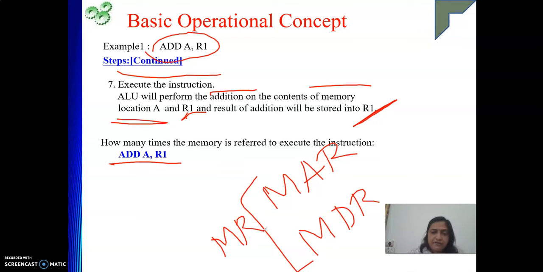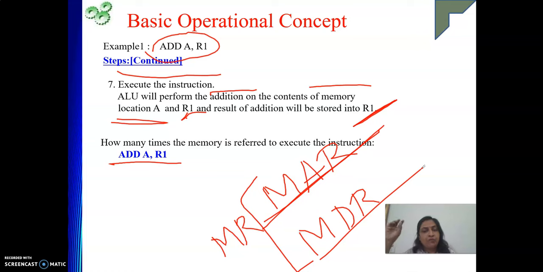One new address is given, till the data comes in MDR. Or after giving one address, till one data is written into memory, that is also a memory reference. So whenever you have given one address into MAR, that means one memory cycle has started, and one memory cycle means one memory reference.